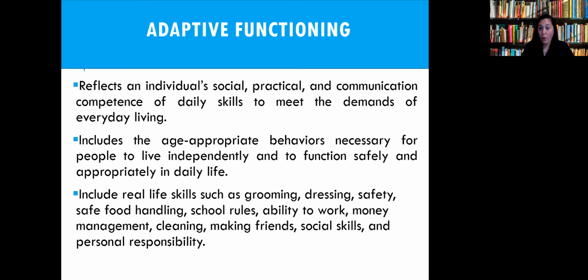Am I able to get my point across? Am I able to navigate relationships with others? Those kind of things. And so this area is very relevant to how you work with individuals because it really speaks to how much support they may or may not need in order to successfully complete some of the tasks that you are asking them to do or environments that you're placing them in.